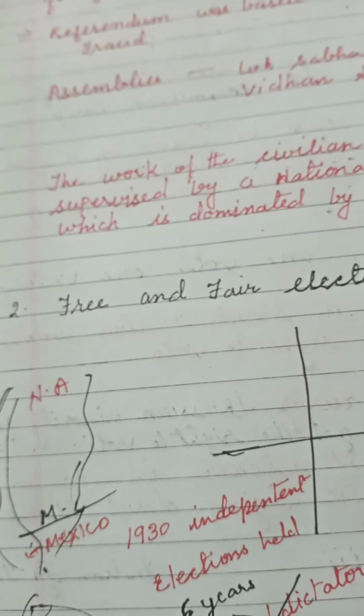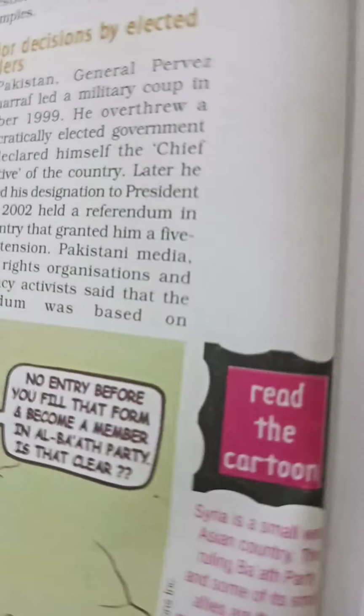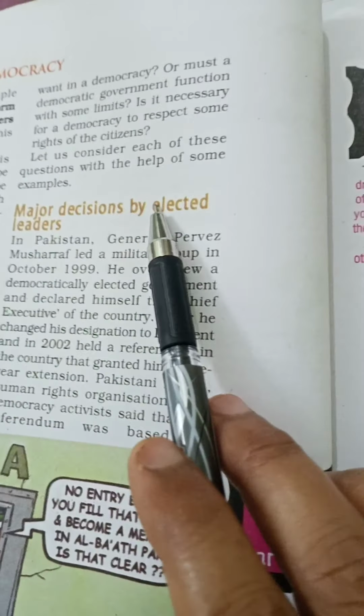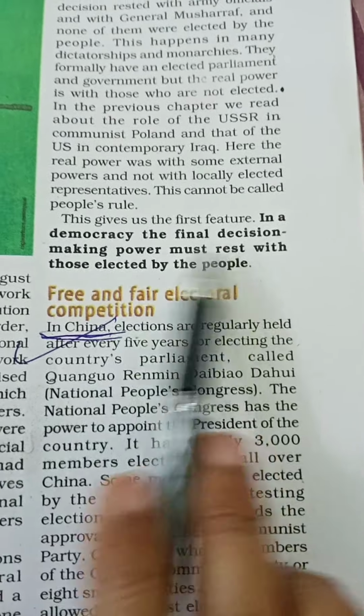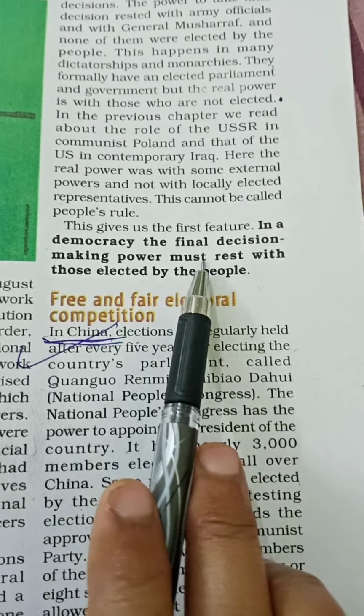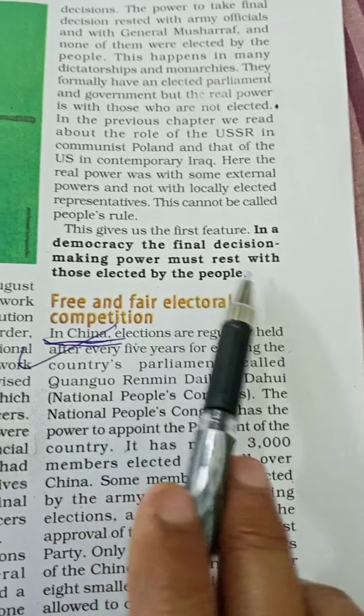Then next, as the first feature of democracy, it is mentioned over here: major decisions by elected leaders. In a democracy, the final decision-making power must rest with those elected by the people.